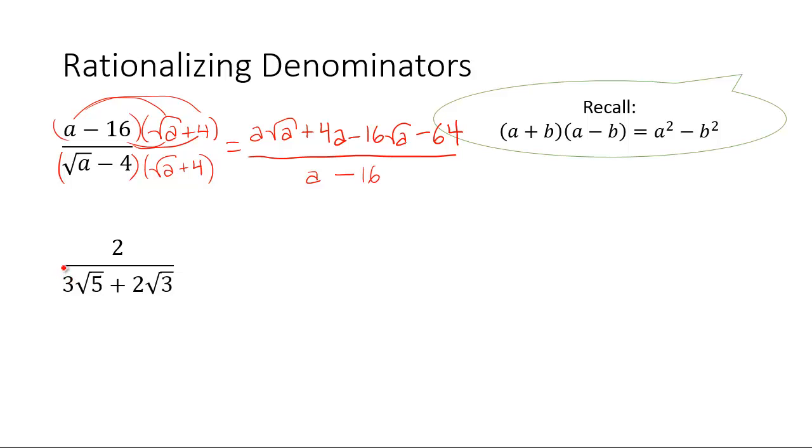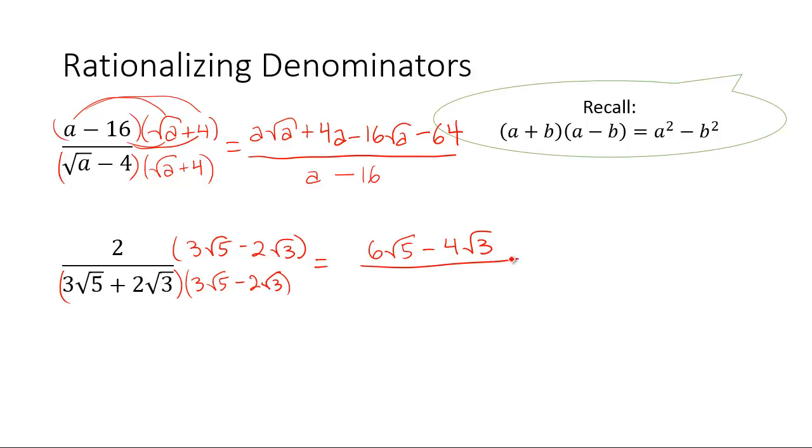And this last one here, we've got conjugate is going to be 3 root 5 minus 2 root 3. And do that to the numerator and see how that goes for you. Multiply these out by 2, you get 6 root 5 minus 4 root 3 over, and then now we're squaring the first term minus the last term, or you can multiply everything out completely.